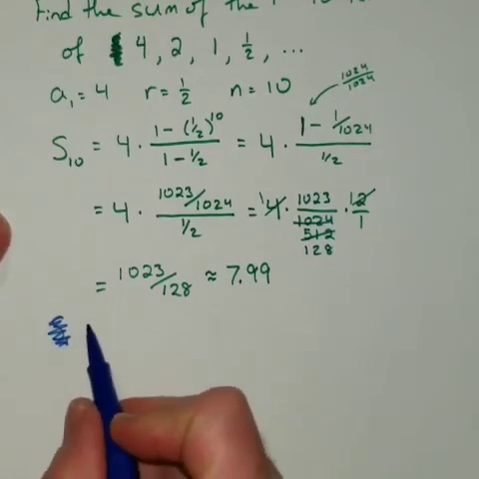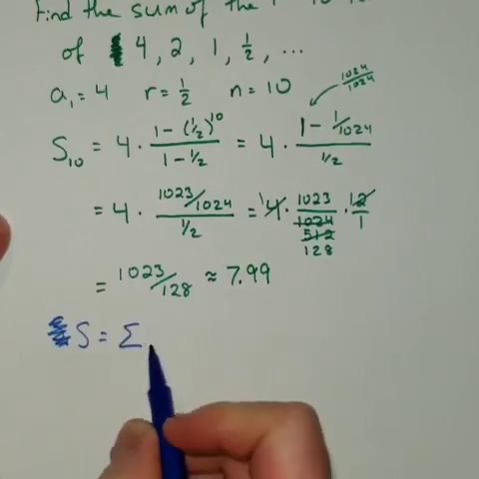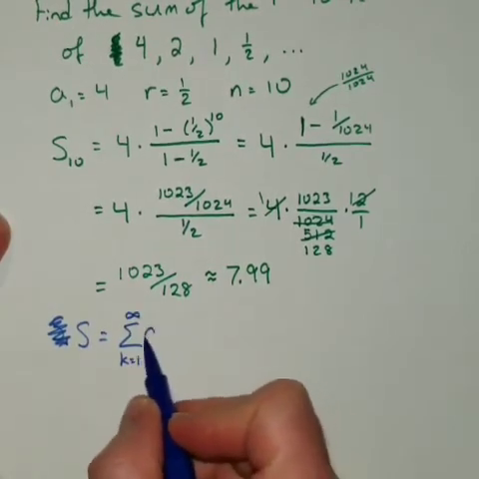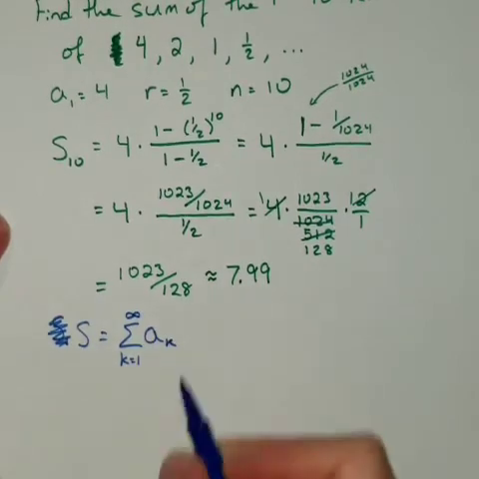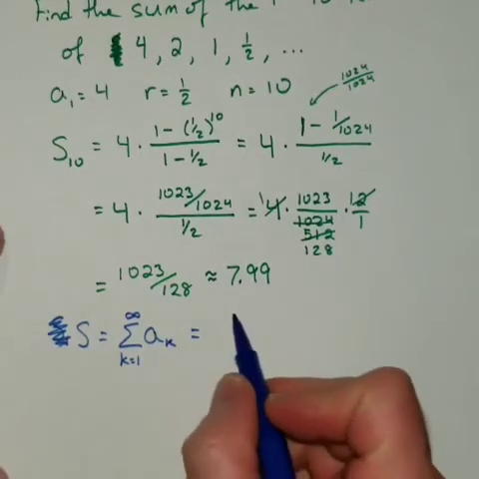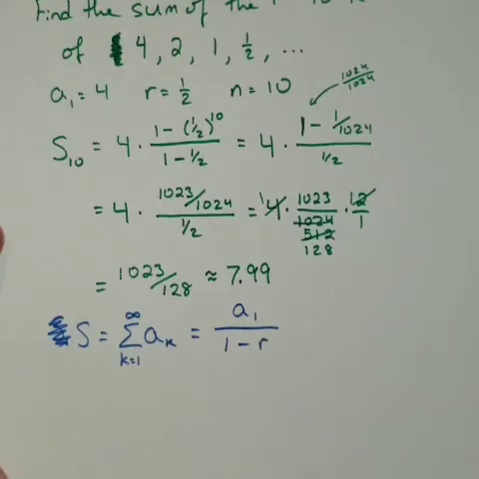We'll just call it s for an infinite number of terms. Of course, it would be the sum from k equals 1 to infinity of a sub k. That sum ends up being a sub 1 over 1 minus r.